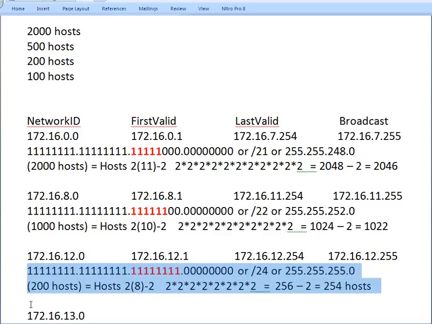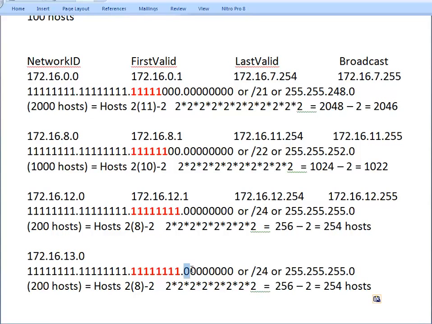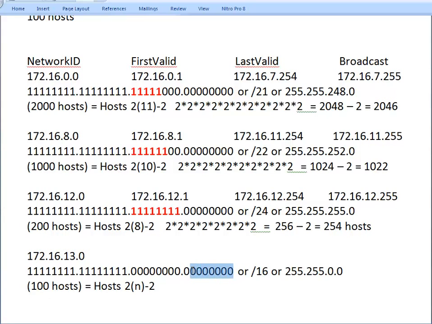Okay, again, I'm going to just copy some of this stuff and put it here. 1, 2, 3, 4, 5, 6, 7, 8. Now the last one is 100 hosts. For 100 hosts, if we reserve 7 zeros, that will be enough.